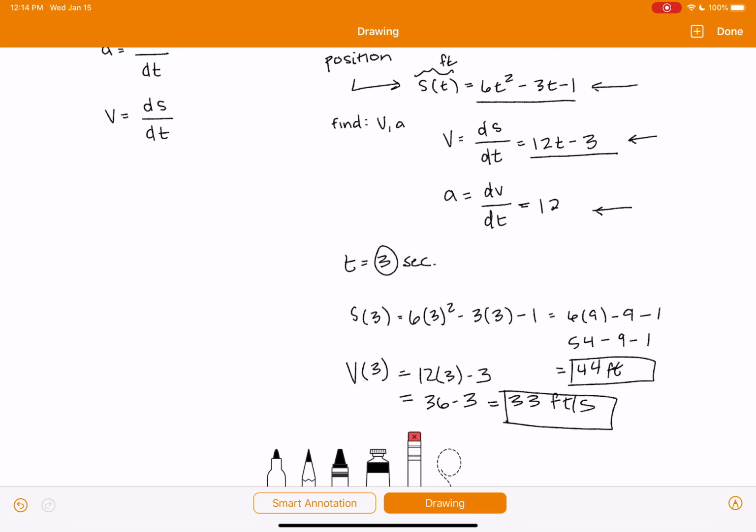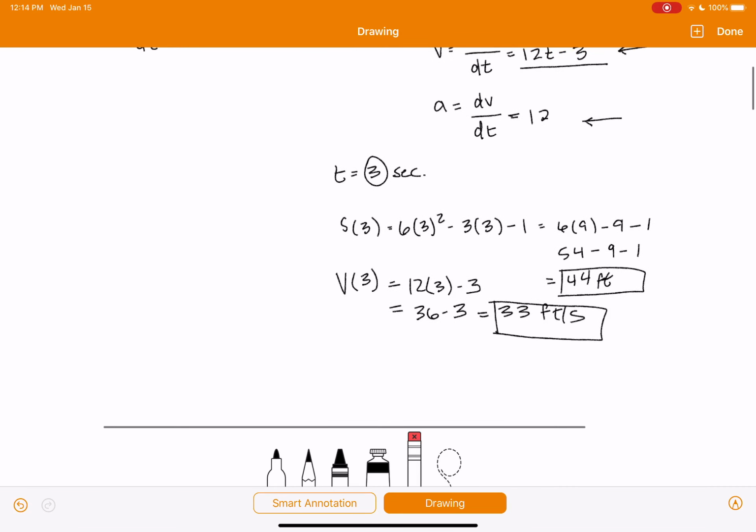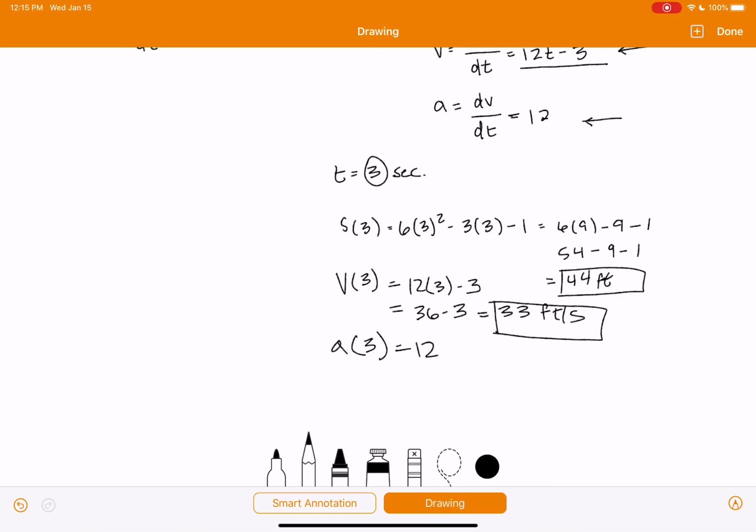Sorry, up here it would just be feet because it's position. Velocity is in feet per second. And then acceleration would just be 12 feet per second squared.